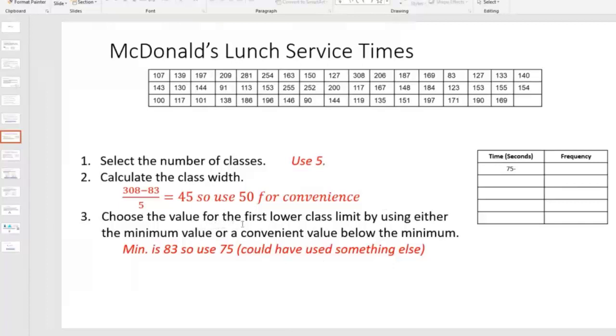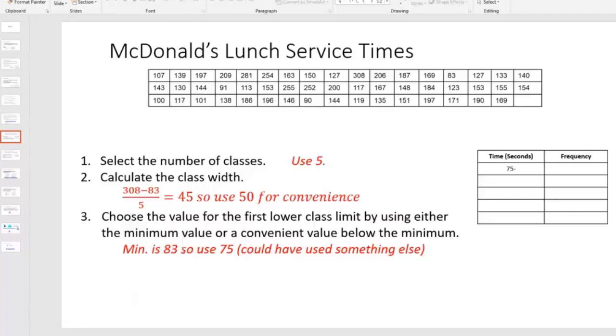Then they have to choose the value for the first lower class limit by using either the minimum or a convenient value below the minimum. Again, the minimum was 83. So they had to pick: either start at 83 or go down. They chose to start at 75 because you're typically trying to make it easy for people to understand and follow along with what you're doing.